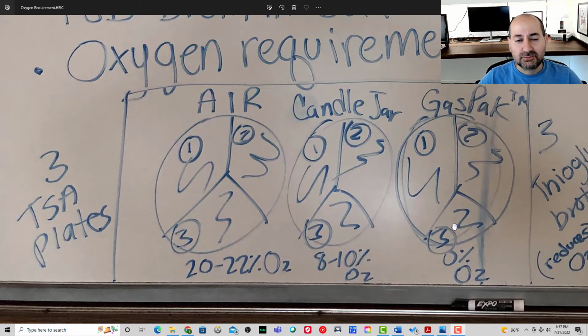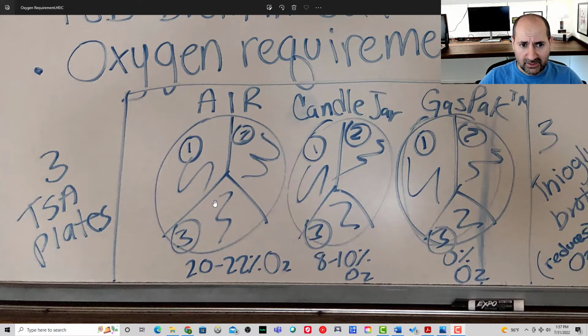All right, next, recall that we did oxygen requirement tests in 2 ways. We did a plate test where we streaked our unknown bacterium on 3 different TSA plates and then incubated either in air, just in the incubator, in a candle jar, or in a gas pack.